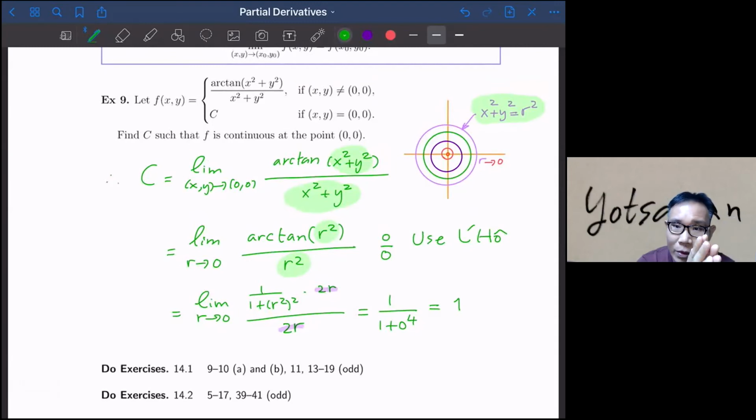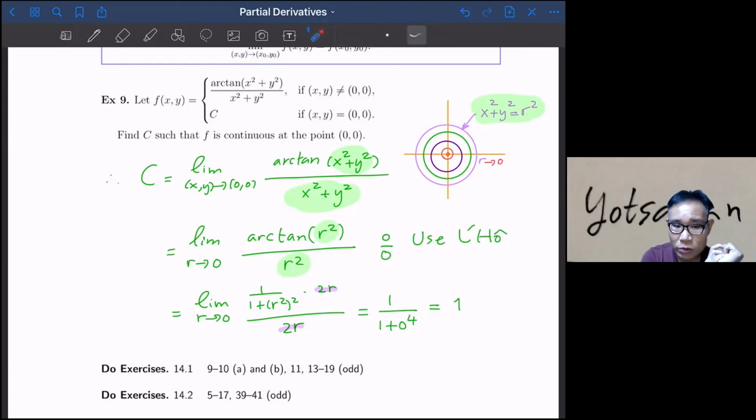We can compute the limit by using the smaller circle, like in this example, where we change the variable x squared plus y squared to become r squared, changing from two variables to one variable, and we are allowed to use L'Hopital in order to solve for the limit.